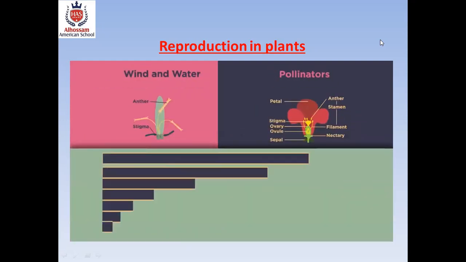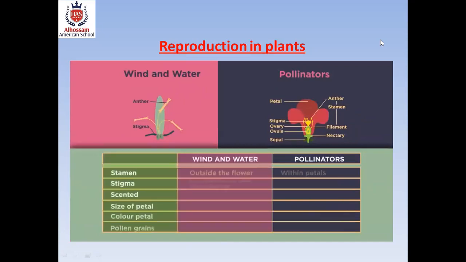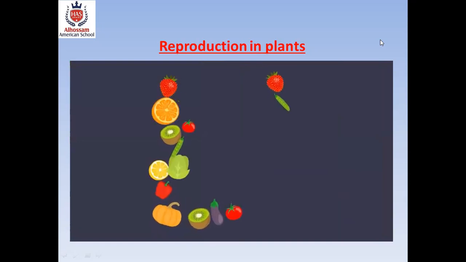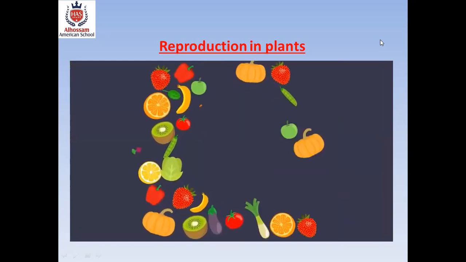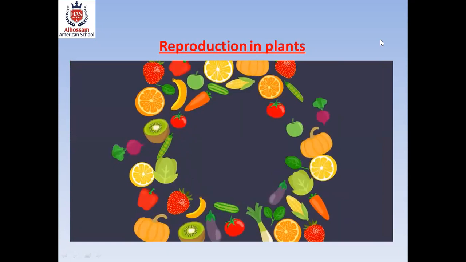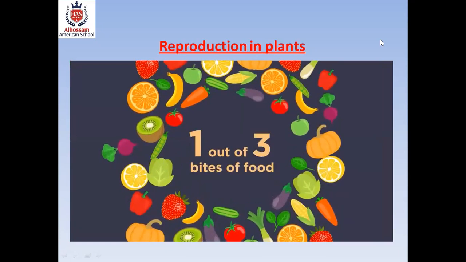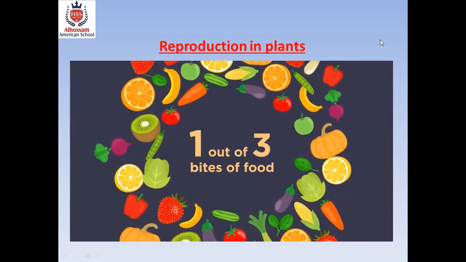Here are some key differences. Why do you think they are different? Did you know that pollinators are very important to our food supply? They pollinate plants that are responsible for bringing us one out of every three bites of food.